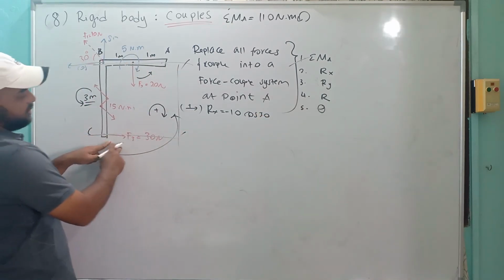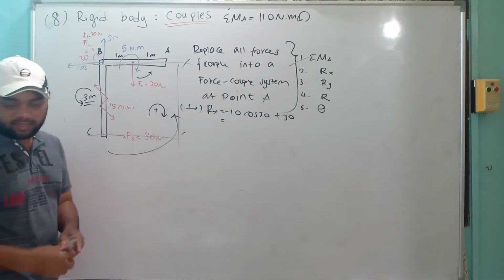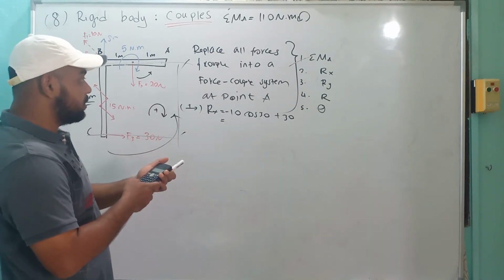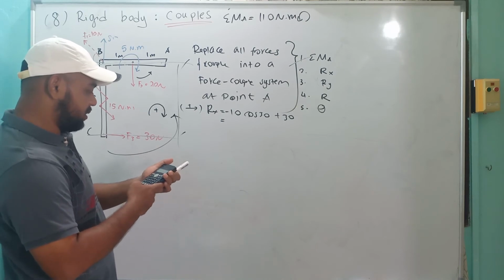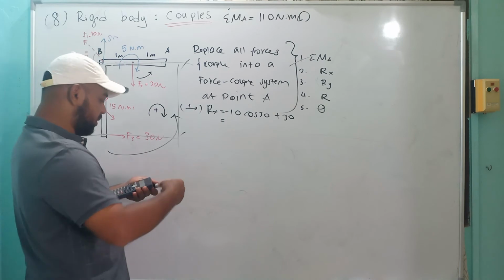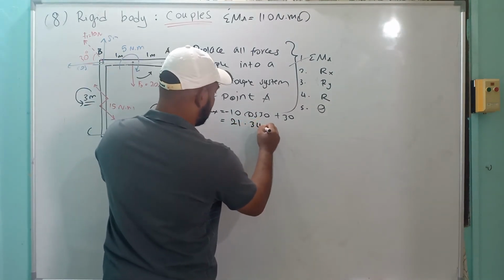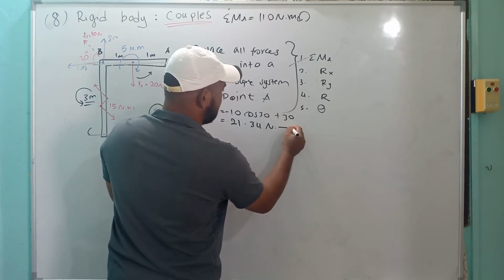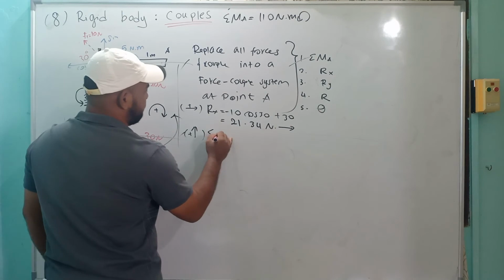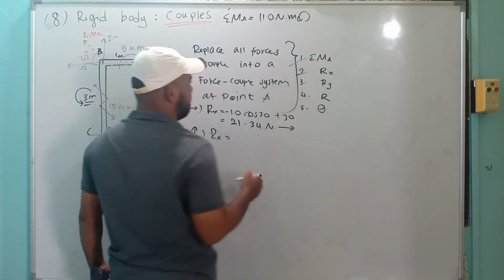This one is positive, plus 30, so 30 minus the answer equal to 21.34 Newton, which is this direction.